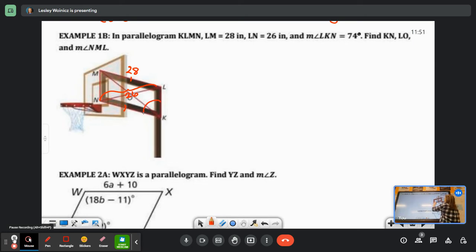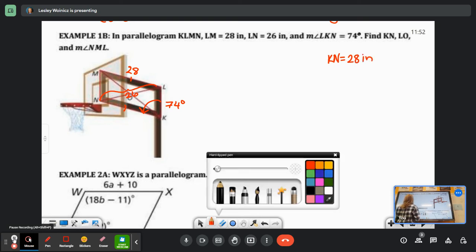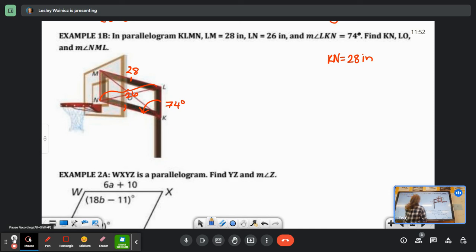LKN is this guy. 74 degrees. Okay, find KN. Who? KN. Oh, we already did that. KN is 28 inches. And LO would be half of 26. Yes, LO is half of 26, which is 13 inches.